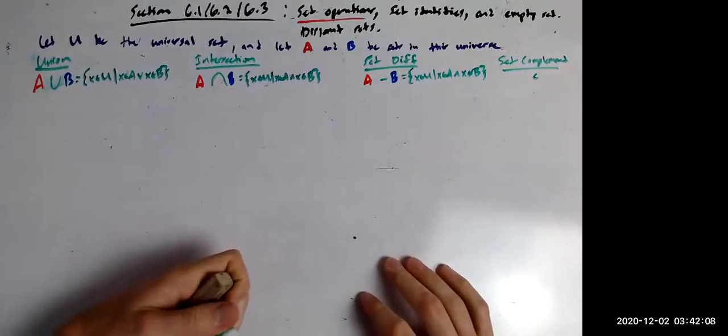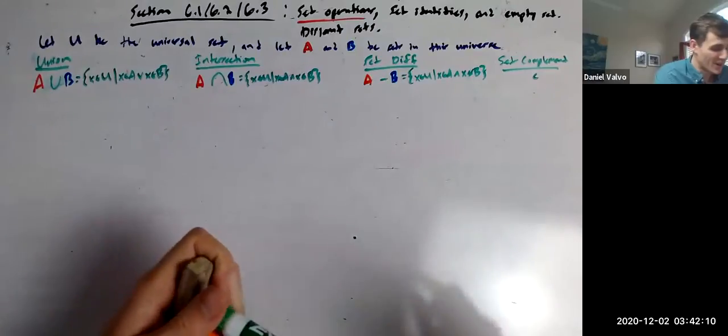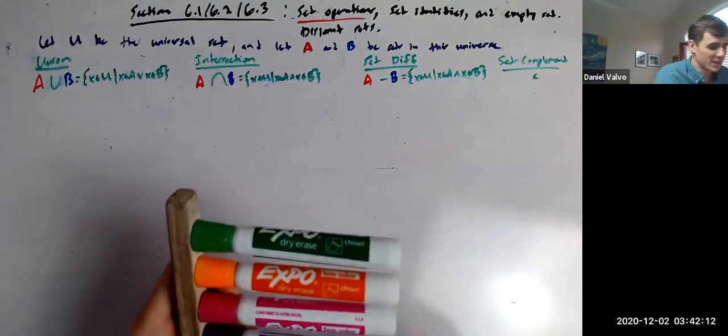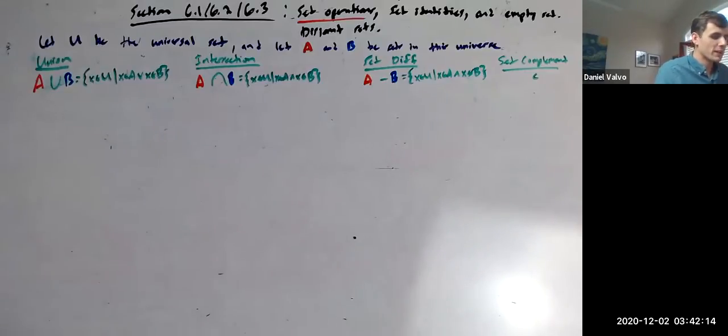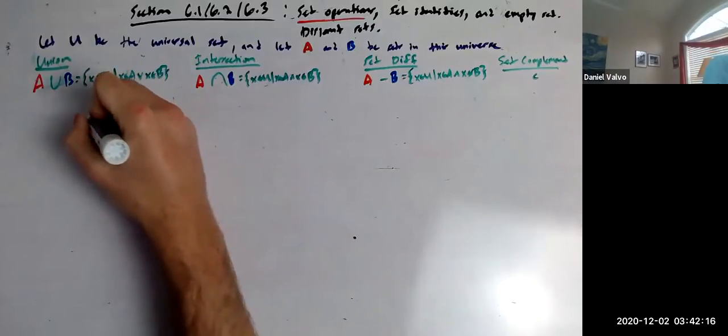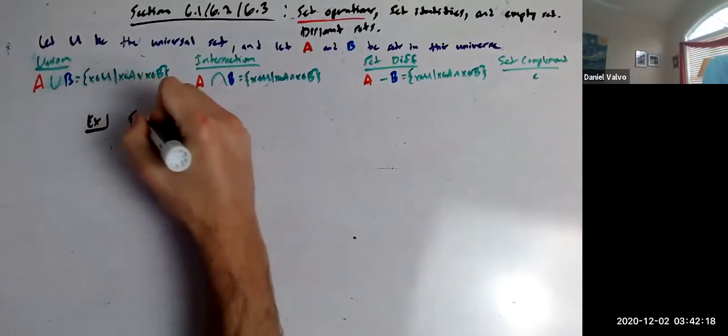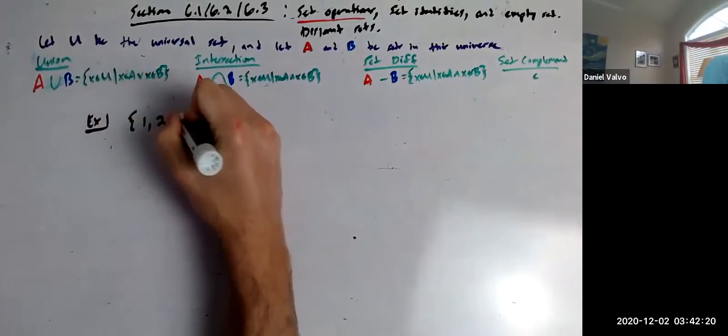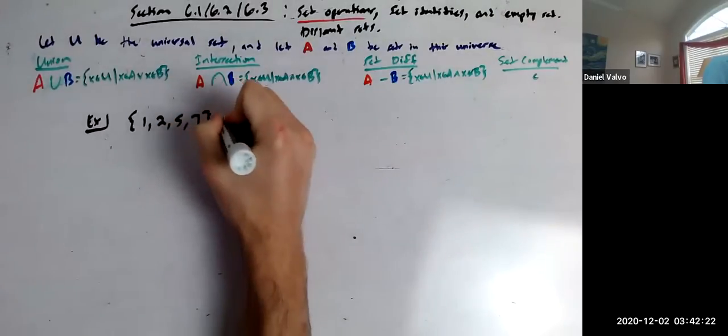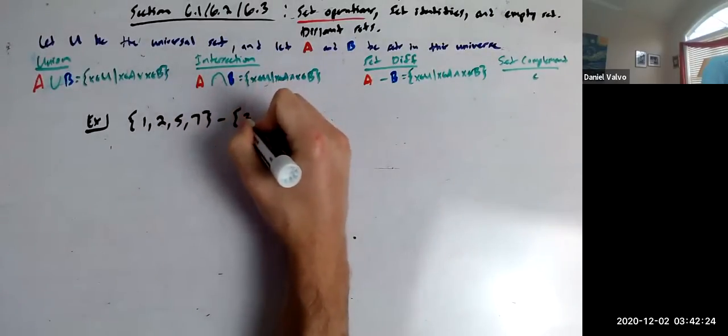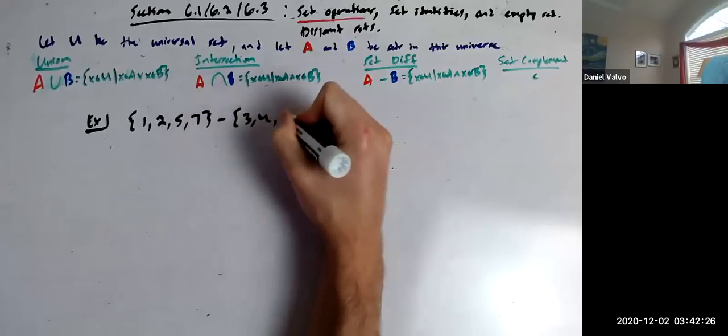For subtraction, does the order matter? Very much so. Good question. For a real simple example, take {1, 2, 5, 7} minus {3, 4, 2, 5}.